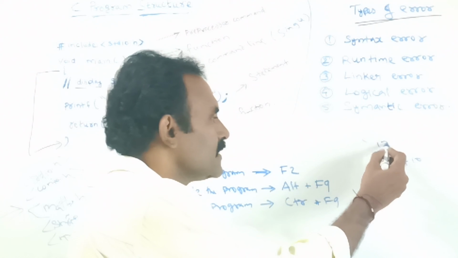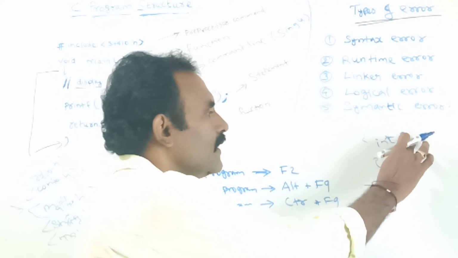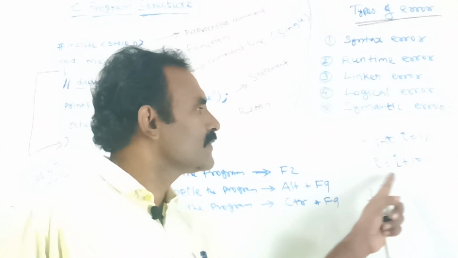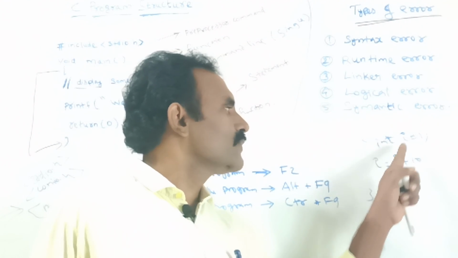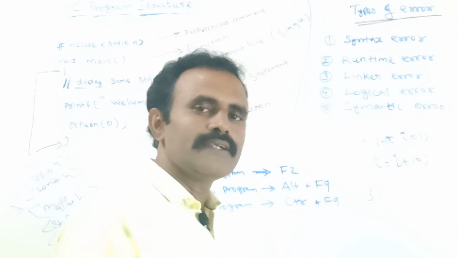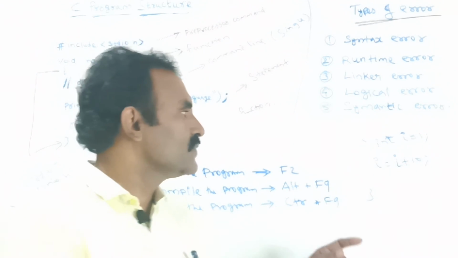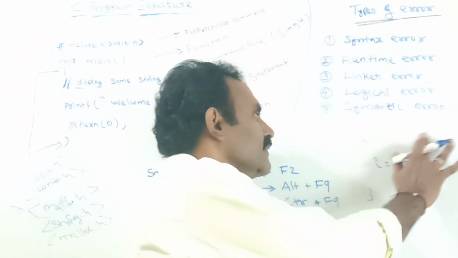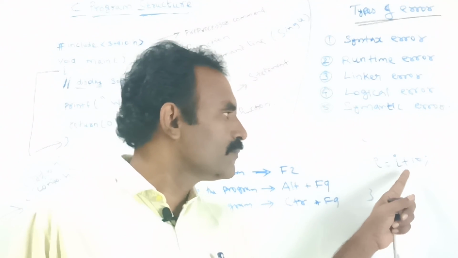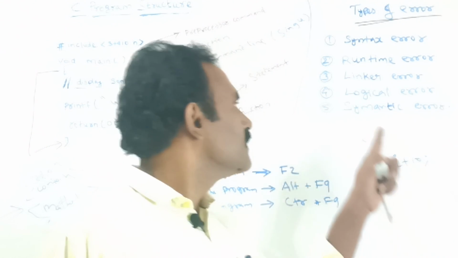If before that I have declared it as integer i is equal to 1, next i is equal to i plus 10, that means already I have stored the i value 1, 1 plus 10, the result is 11. Here it is okay, the i value will be 11. Suppose you are not declaring i, and without declaring i you give the statement i is equal to i plus 10, then this type of error is known as a semantic error.